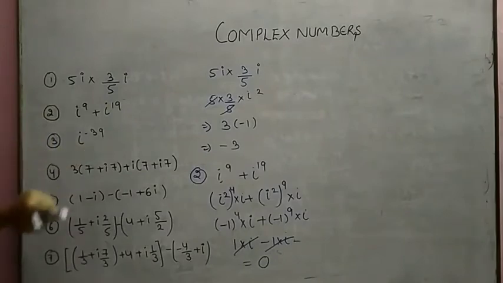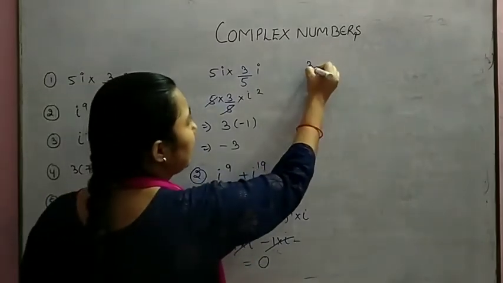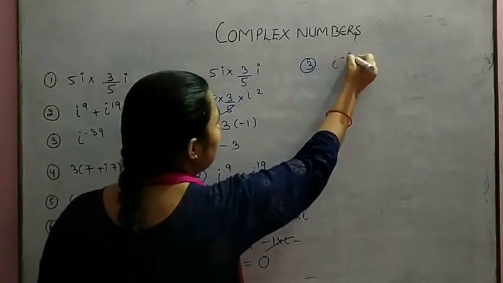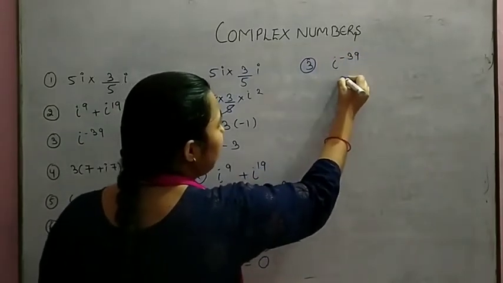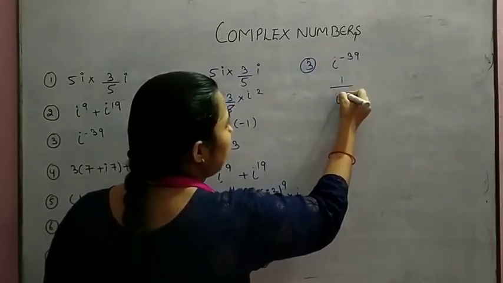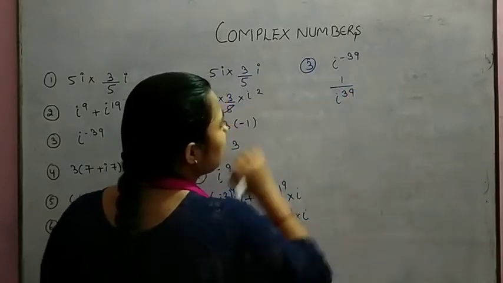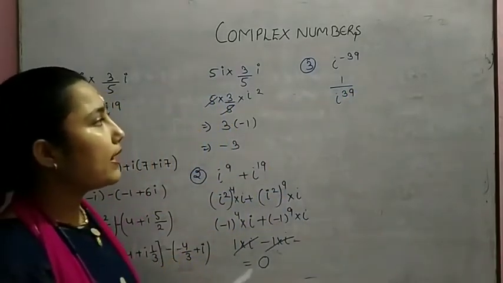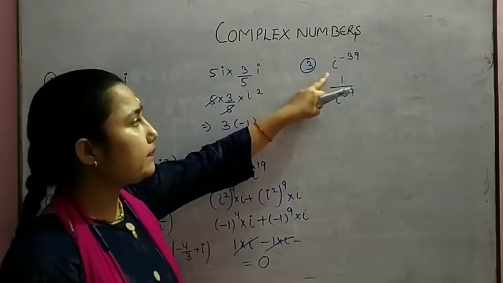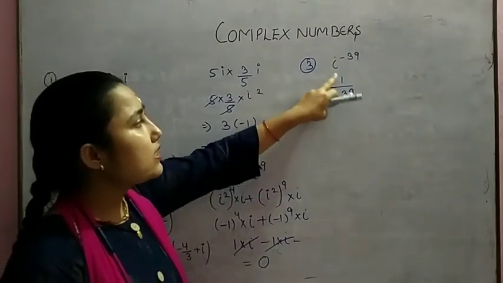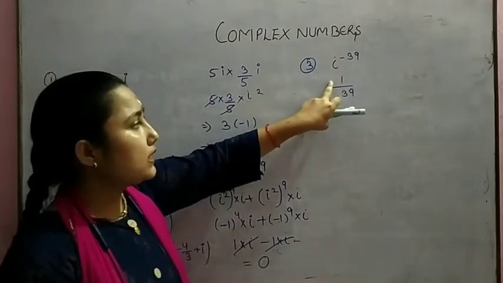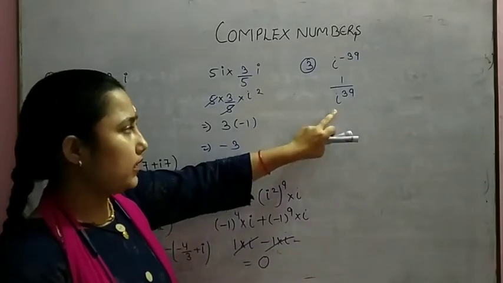Now come to question number 3. i to the power minus 39. Firstly we have to write i to the power 39 in positive manner by taking the reciprocal of this number. That means we can write i to the power minus 39 as 1 upon i to the power 39.